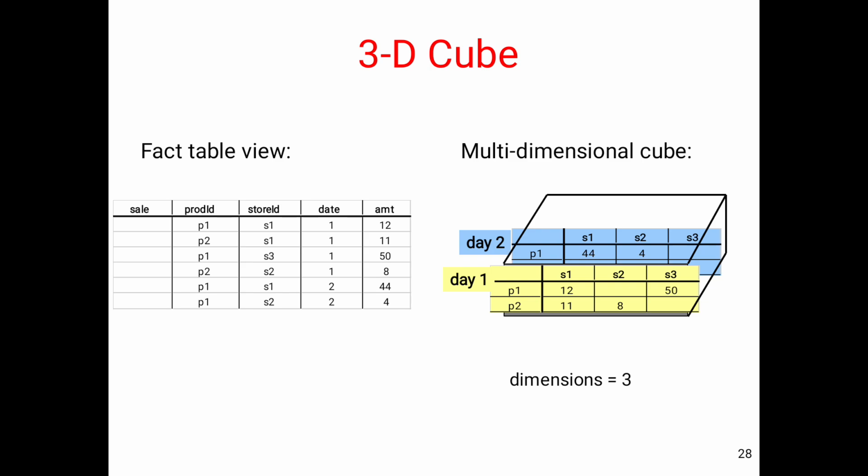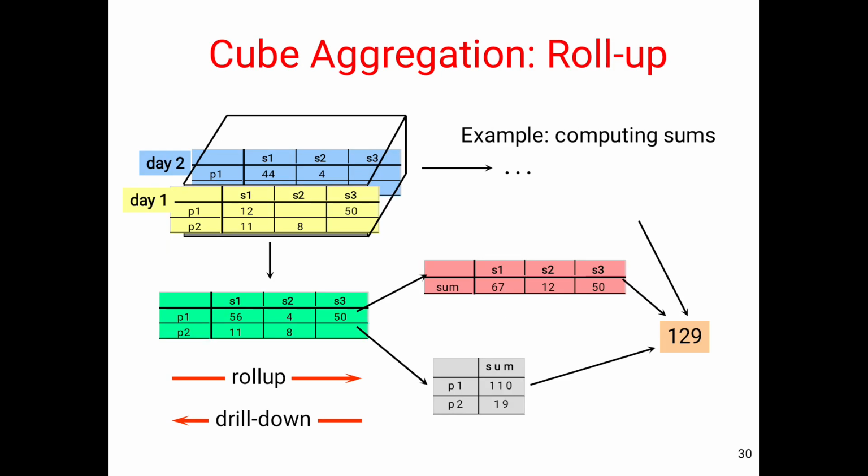Next one is slicing. Here in slicing, the data cube is sliced. We take one dimension, the day 1 cube, with P1, P2, S1, S2, S3. This means we divide out a new cube.